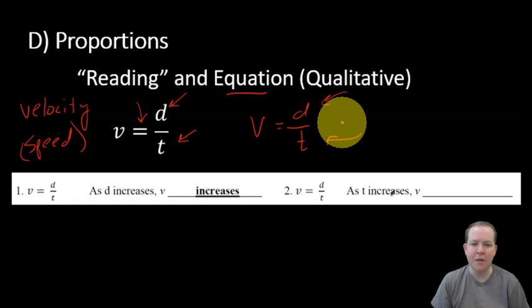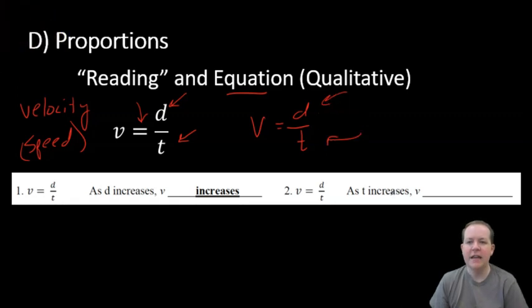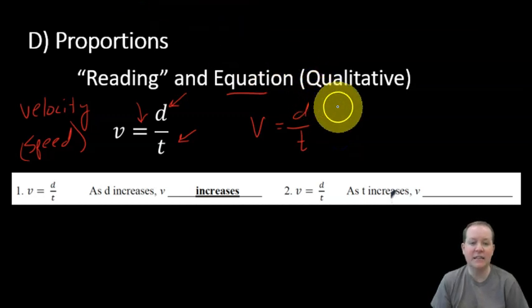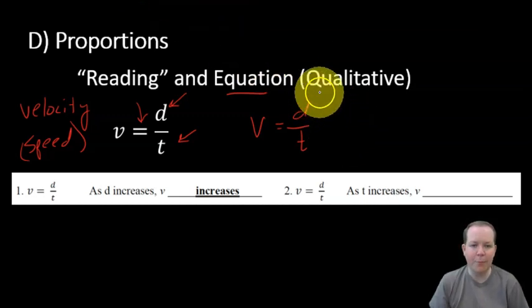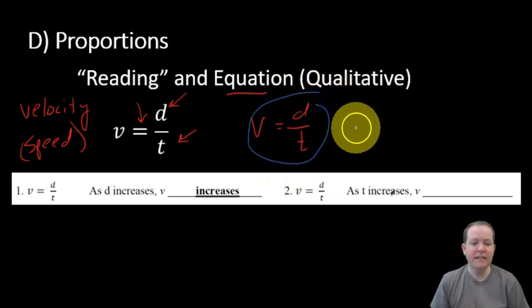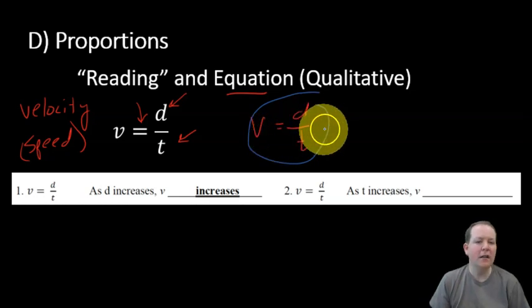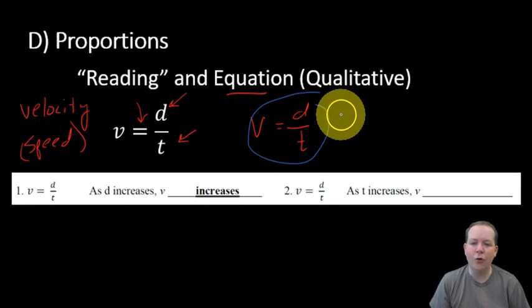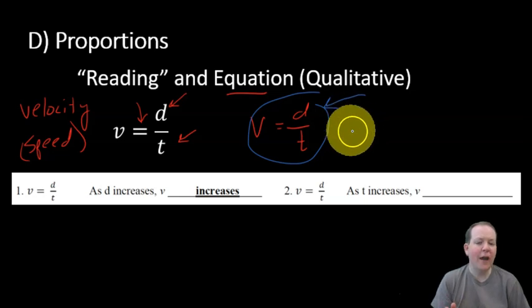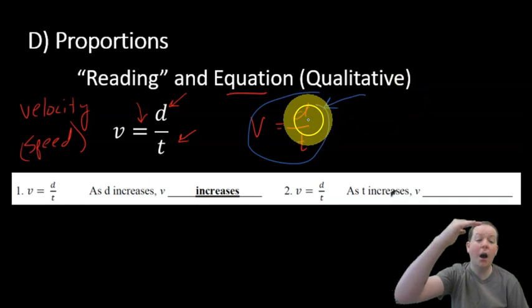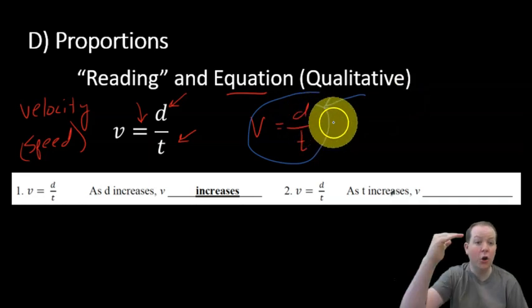The other thing to recognize is that we can use this equation to analyze different scenarios. Here's my equation. Let's say I have an object that has a certain velocity, and then another object that travels a larger distance. If it traveled a larger distance, that means the numerator, the top part of the fraction, is bigger.